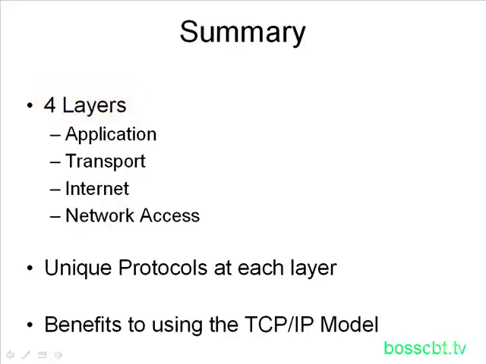Not only that, we know that there are unique protocols associated with each layer, and make sure you keep some of those in mind. Finally, we know that there are a lot of benefits to using this type of model, and also there again, commit some of those benefits to memory and make sure that they actually make sense to you when you think about using a model to interpret a very complicated process like computing.